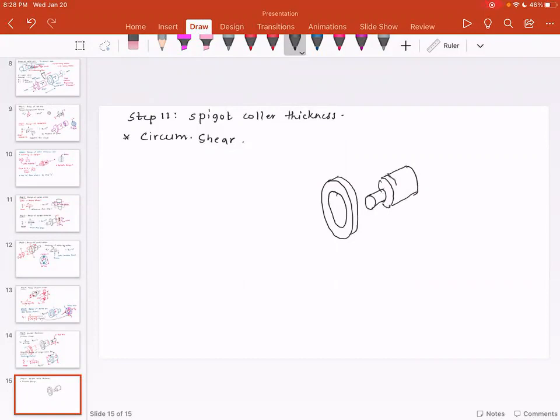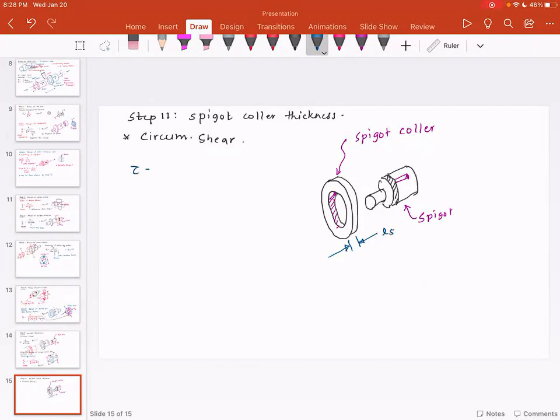So basically the spigot collar was here, and what happened is that this collar, this is spigot collar, and this spigot got separated. And this thickness, I'm going to call this L5.